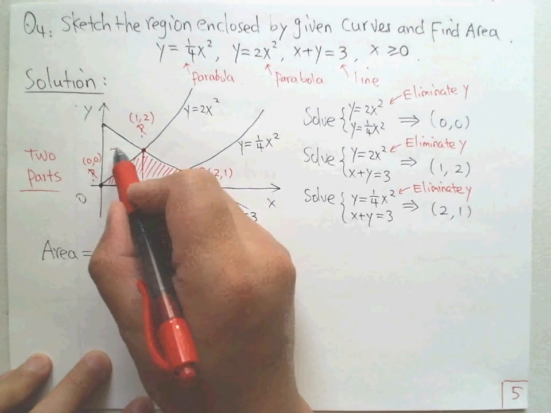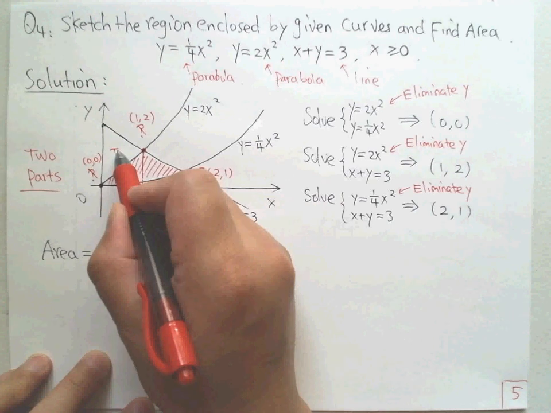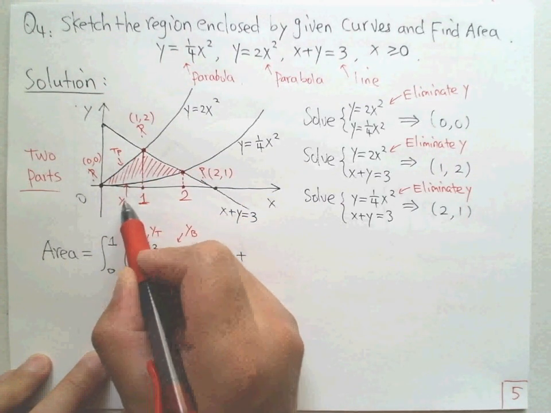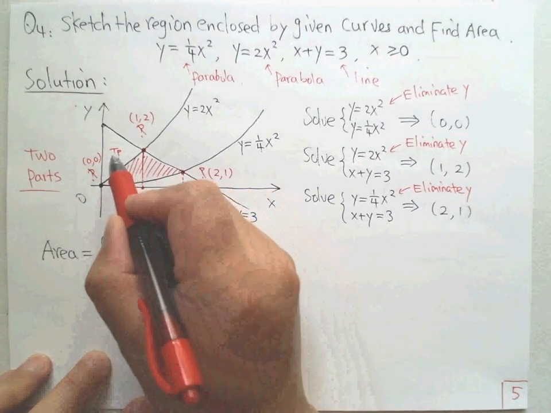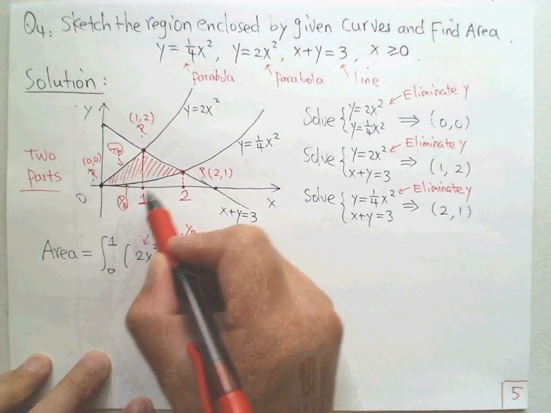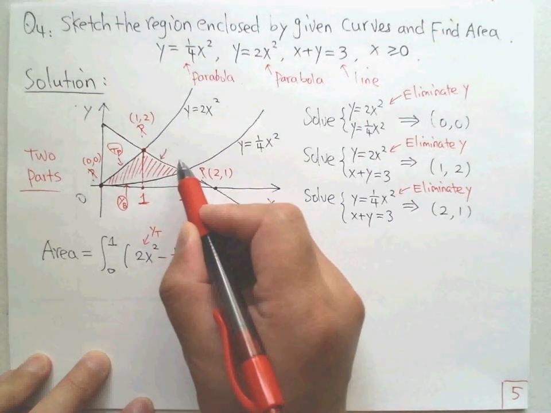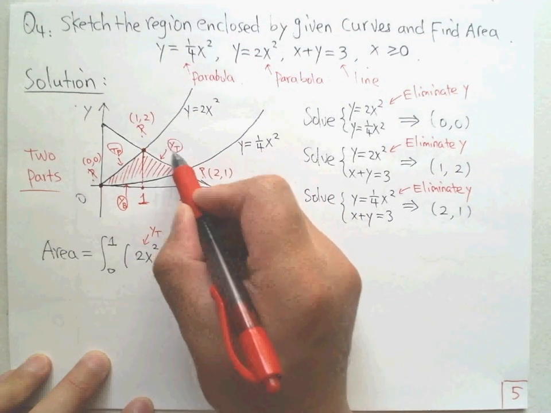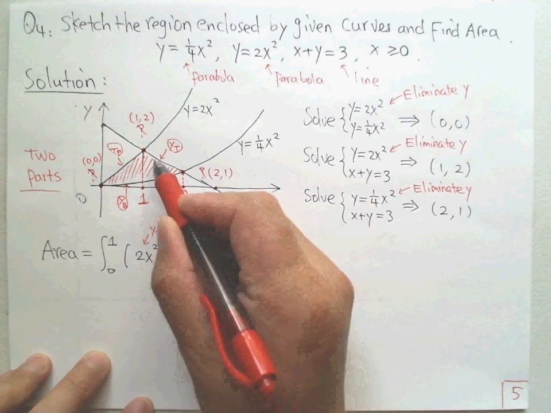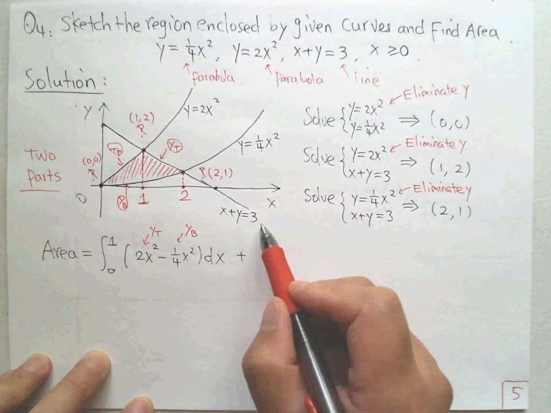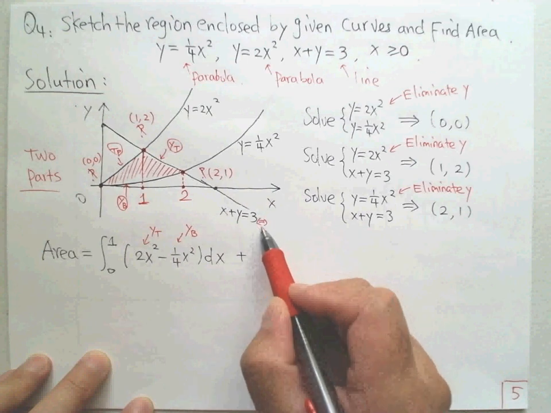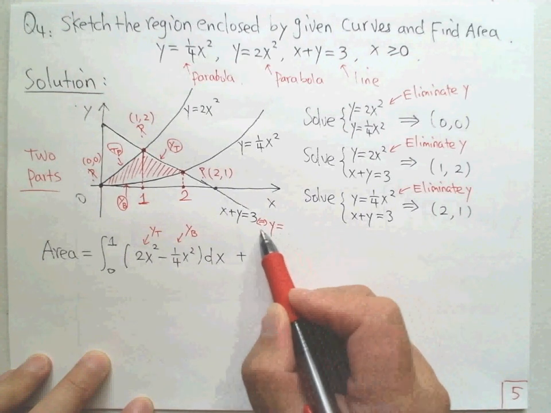But the second part is here. This is the top, this is the bottom. Or you can say, I just put the words. So in the first part, this is y top and this is y bottom. For the second part, what is y top?